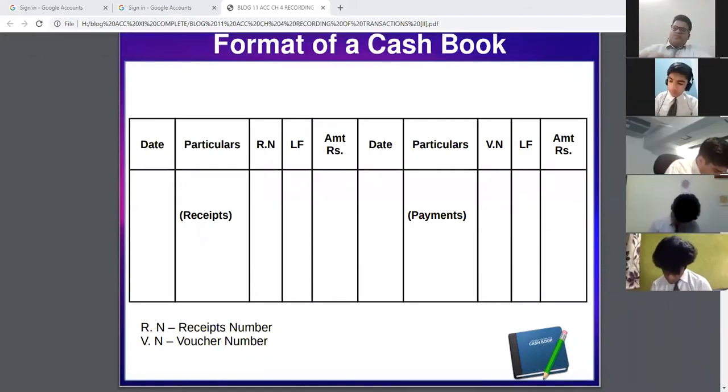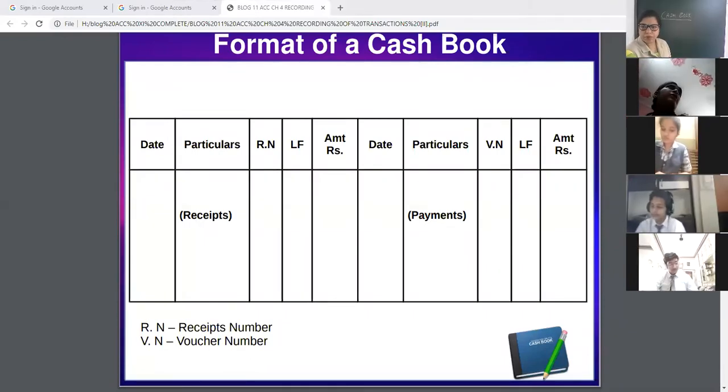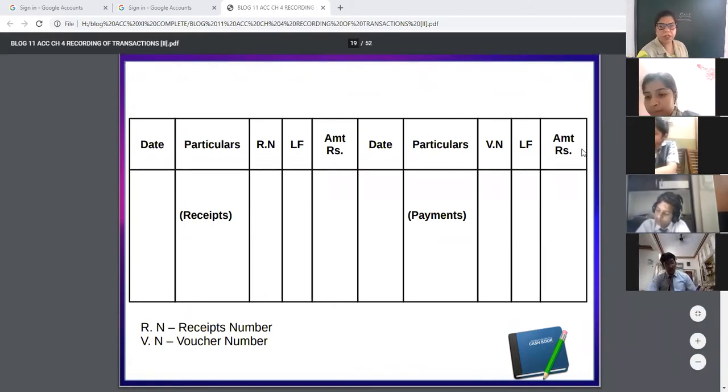Debit is for receipt, credit is for payment.